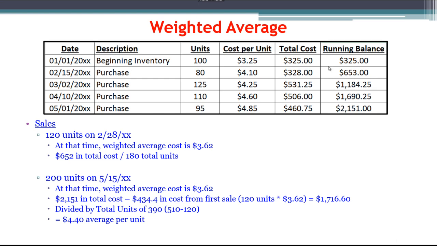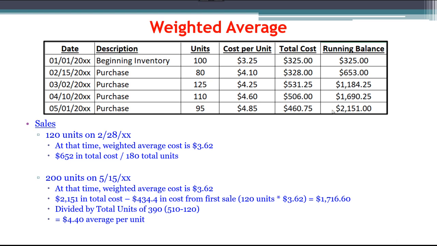Now what we have left is essentially 60 units at $362. We've used up 120 units at $362, so we have 60 units at $362 plus all these new layers.